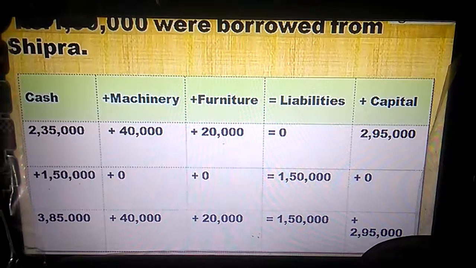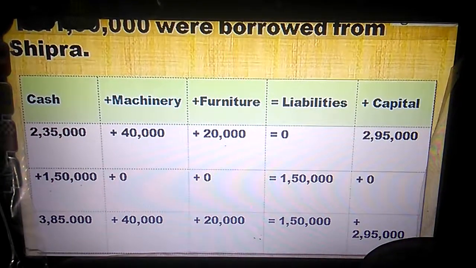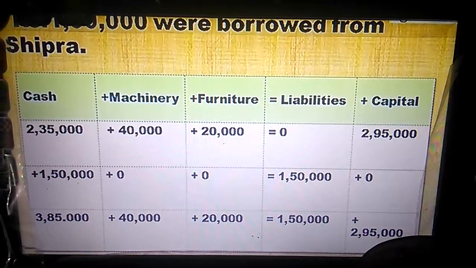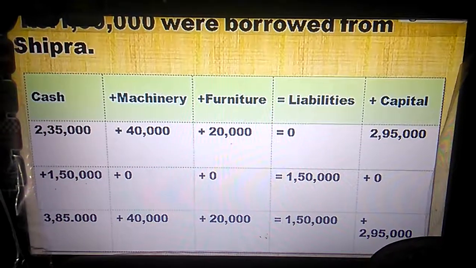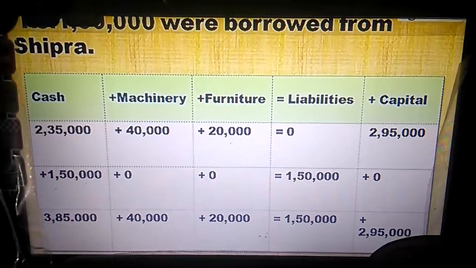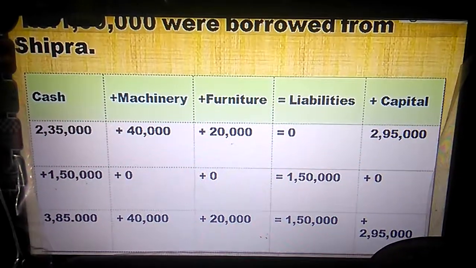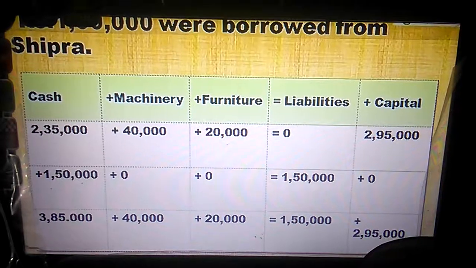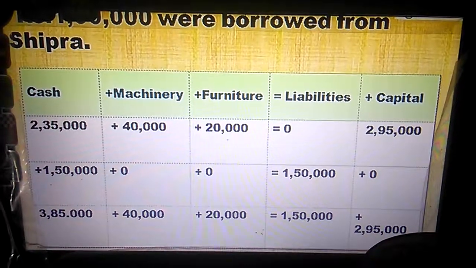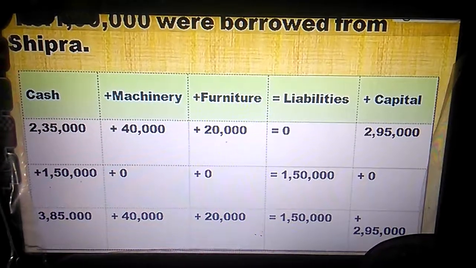And in the cash column, the total will come to the earlier equation 2,35,000 plus 1,50,000. So the total will come to 3,85,000. And on the asset side, when we are totaling, 3,85,000 plus 40,000 plus 20,000 will be on the asset side.